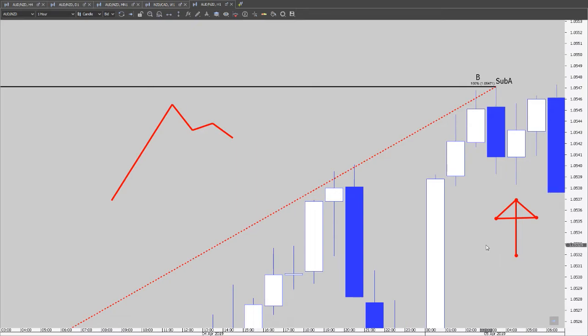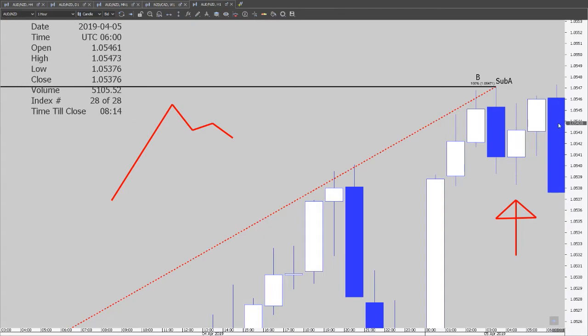And I'm not sure if this candle broke our sub A, so we are going to check. We are going to check the value of this blue engulfing. High is 1.05473, 1.05471.